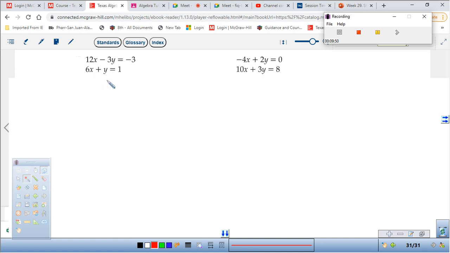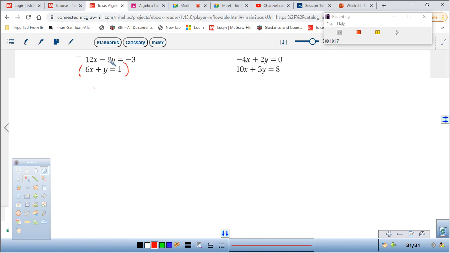Yeah, that's my trick. That's what I would do. You can multiply this one times a negative 2, right? And that would give you a negative 12x. That works. If I were to multiply the second one by a 3, then that becomes a 3y, right? And those are opposite. I think that's what I would do.